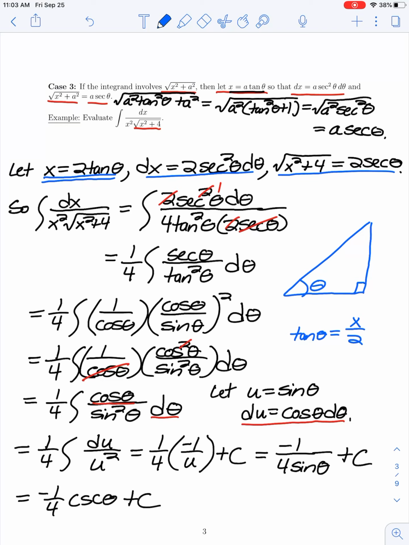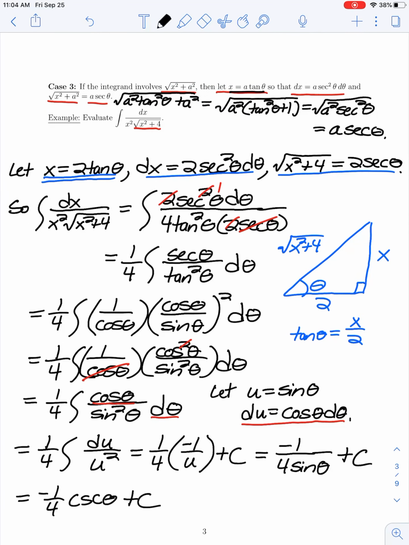And tangent, in terms of the sides of a triangle, is defined as the ratio of the opposite over the adjacent sides. So since tangent theta was x over 2, the opposite edge is x, and the adjacent edge is 2. Solving for the hypotenuse using the Pythagorean theorem, we have the square root of x squared plus 4.